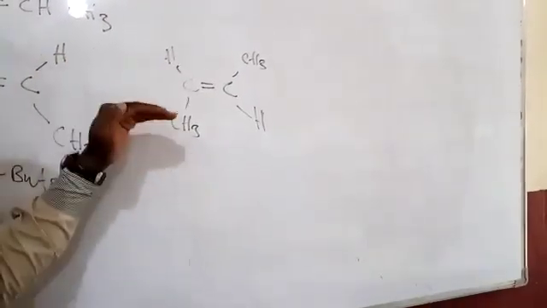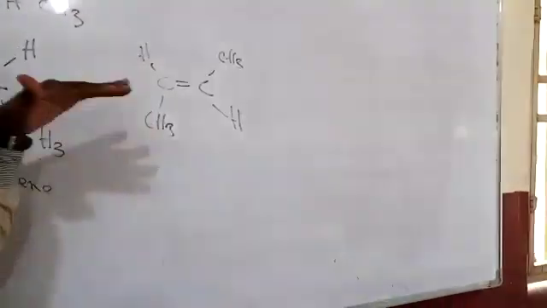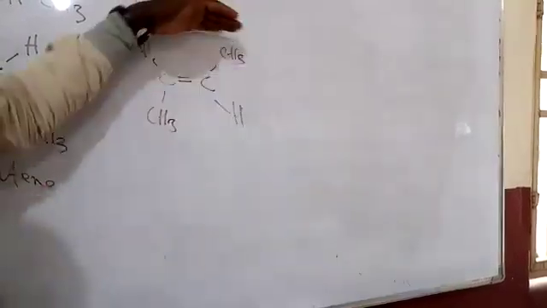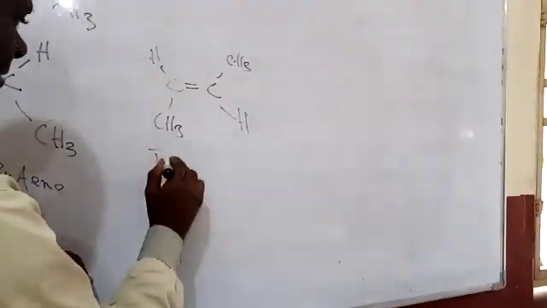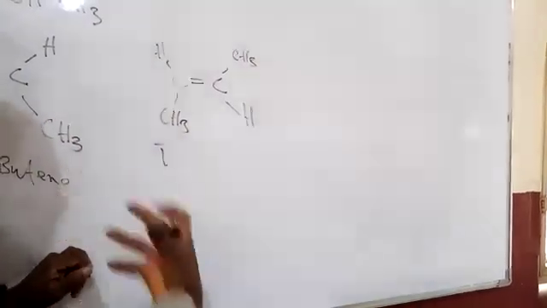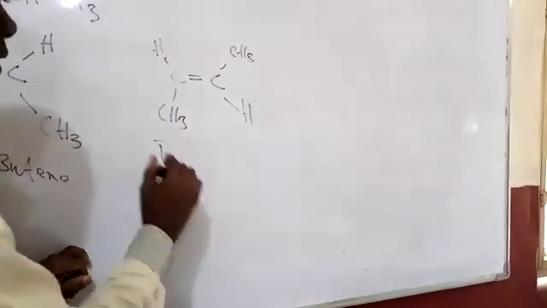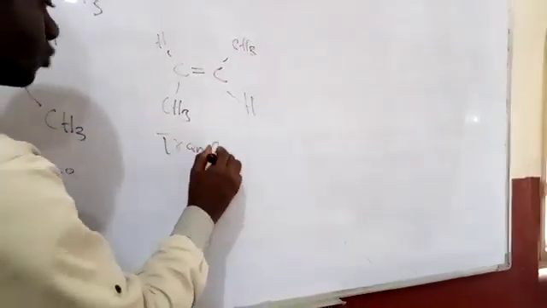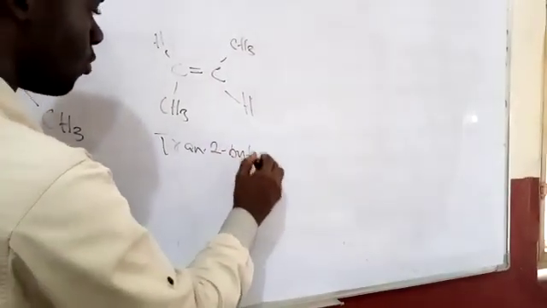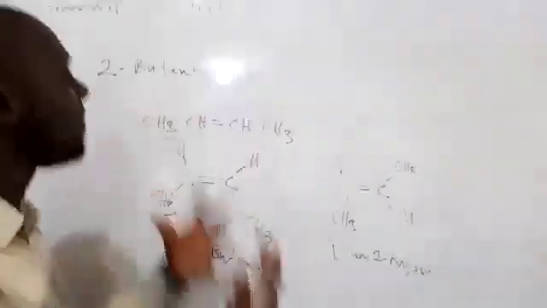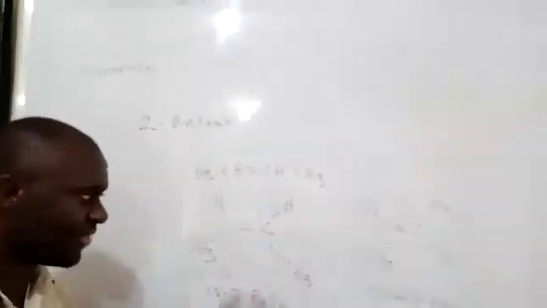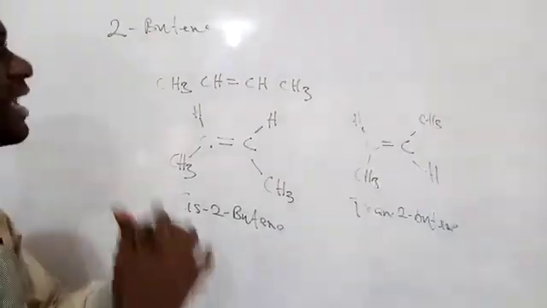Since the methyl groups are on opposite sides, one up and one down, we call this trans isomer. And since it was obtained from 2-butene, we call this trans-2-butene. So this is a typical example of geometrical isomerism. These two compounds are geometrical isomers.